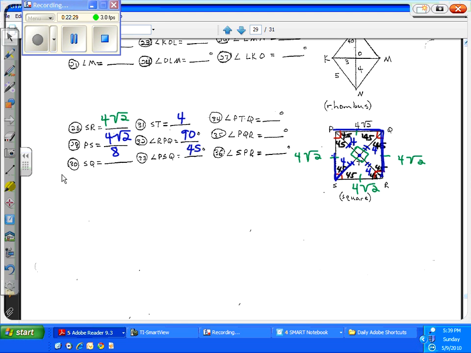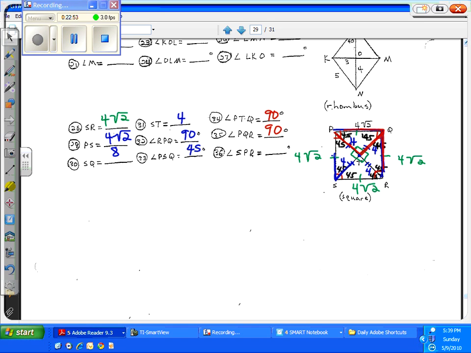Angle PTQ is this angle right here. The diagonals are perpendicular because the square is a rhombus, so that's 90 degrees. Angle PQR is this angle of the square, and by definition, each angle of a square is 90.